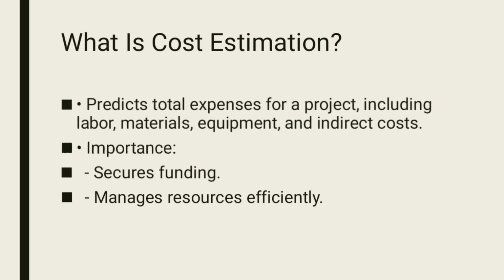Number one, secure funding. When you are able to estimate your cost, you can easily find some other organizations or individuals who can help you in your project, whether it's a business project or a social project. From there, you are able to manage resources efficiently.